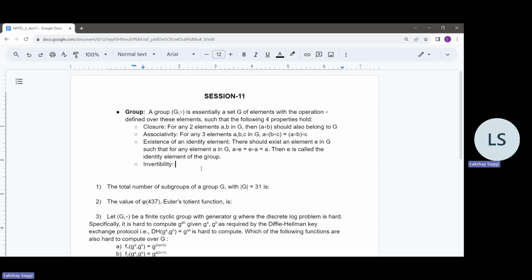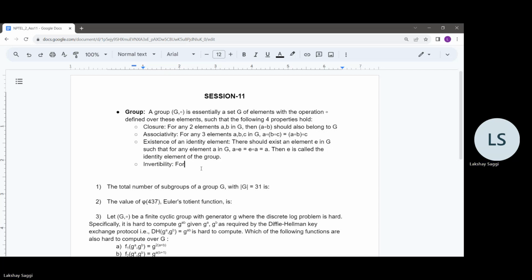We know what additive inverses and multiplicative inverses are, right? For a real number x, its additive inverse is minus x, and its multiplicative inverse is 1 by x. Similarly, now we generalize this sort of definition to groups. And what do we call invertibility?